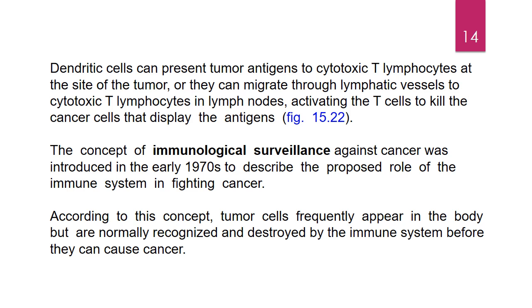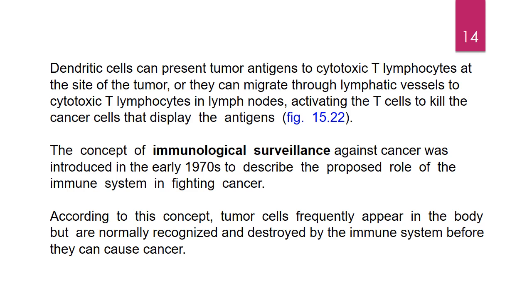Dendritic cells can present tumor antigens to cytotoxic T lymphocytes at the site of the tumor, or they can migrate through lymphatic vessels to cytotoxic T lymphocytes in lymph nodes, activating the T cells to kill the cancer cells that display the antigens.